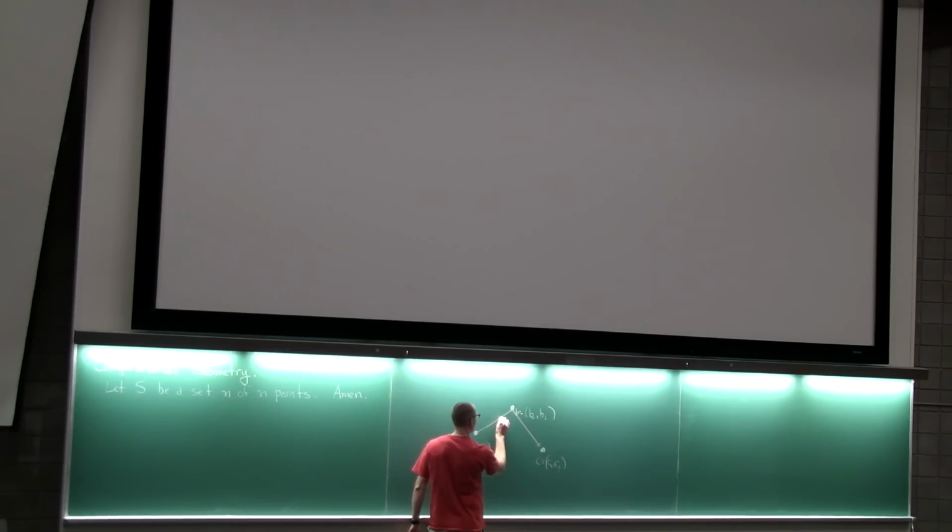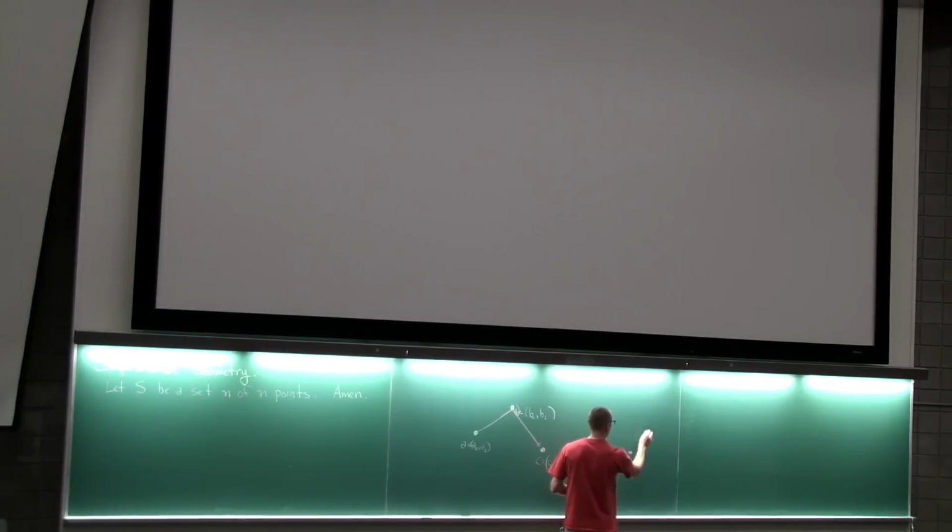You go from A to B, and here you turn clockwise to get to C. Or they could be in a different kind of structure like this: A, B, C, where when I go from A to B to C, I actually make a counterclockwise turn. So I turn that way in this case, and in this case I turn that way. Telling the difference between those 2 things is called an orientation test.